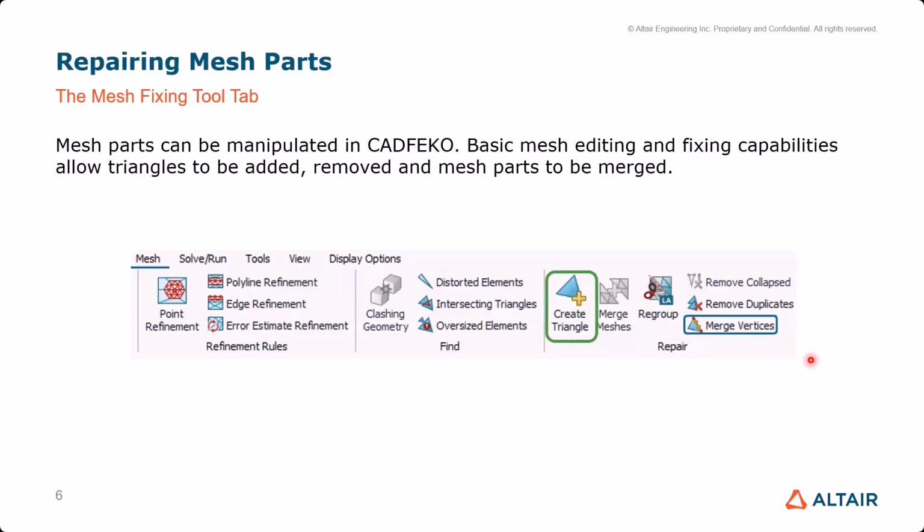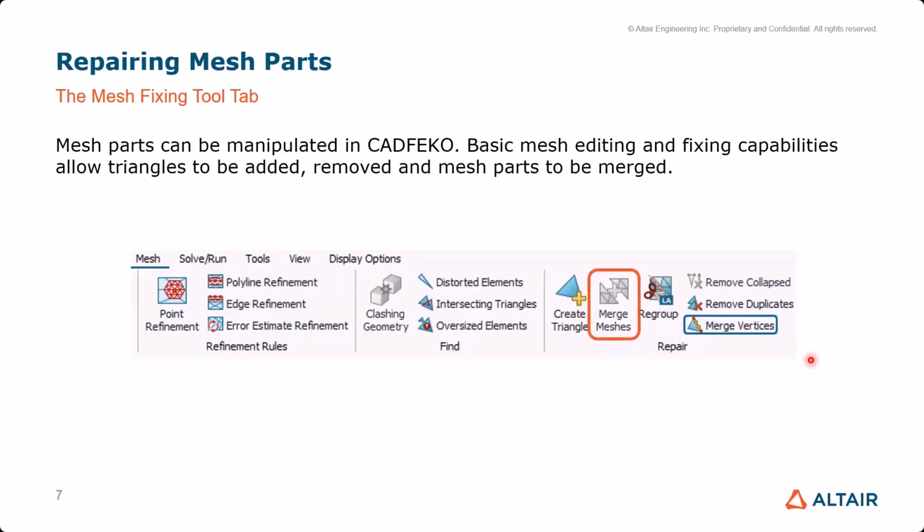There are some repair tools available in CAD Feko, and one of those tools is to create triangles. This is mainly for when the mesh contains holes or faulty triangles were deleted. You can use this tool to fill up the part that was deleted or that is missing.